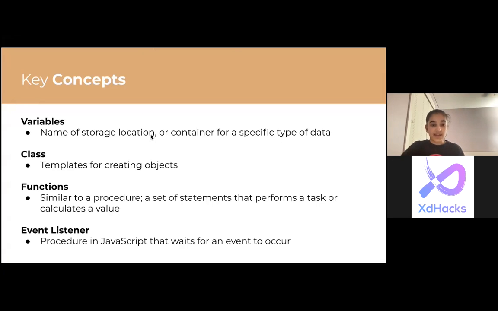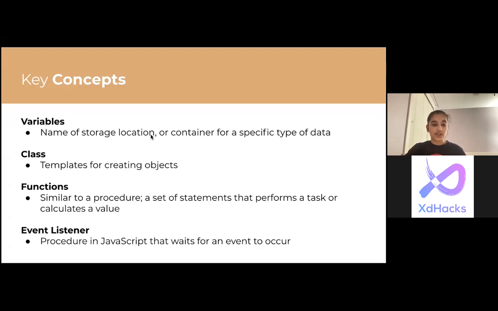Next, there's a class, and they're essentially just templates for creating objects. In JavaScript, an object is a standalone entity with properties and types. If we compare it with a cup, for instance, a cup is an object with different properties. For example, it can have a color, a design, weight, or material. The same way, JavaScript objects have different properties which can define their characteristics.